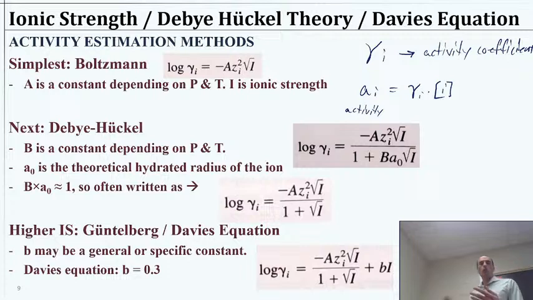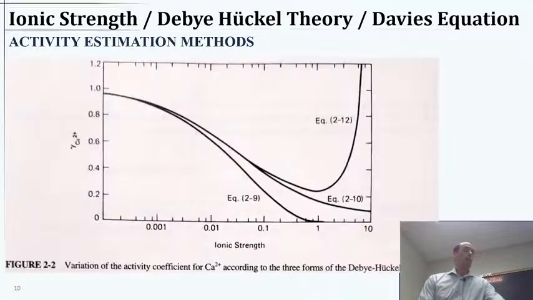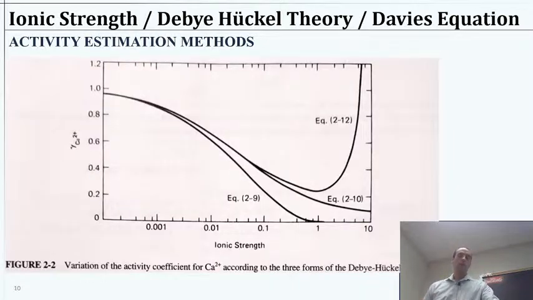And so all this to say there are a few equations we can use, and they are useful in different scenarios, and here's why. If we take a look at a graph where we are looking at a log scale of ionic strength, so higher and higher ionic strength, meaning we're going to seawater and beyond as we head to the right.